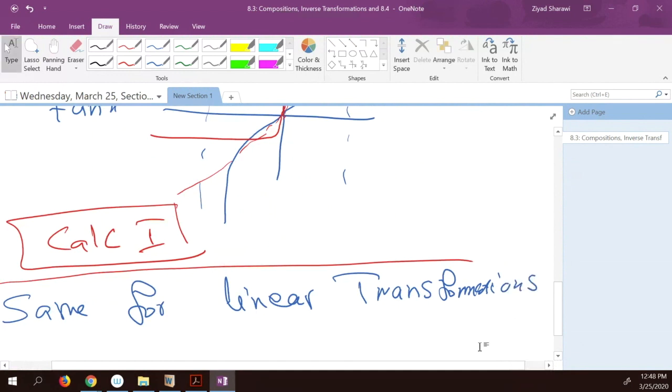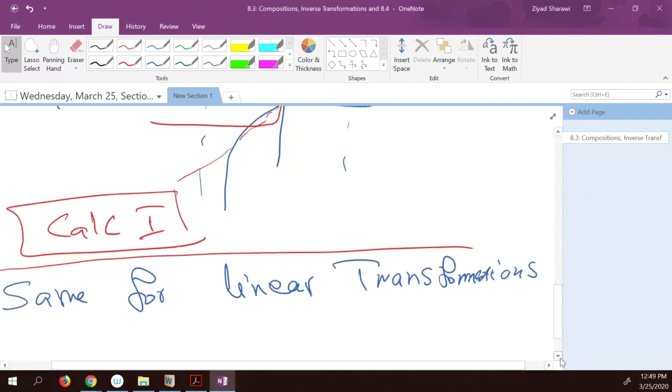Same for linear transformations. So you have two linear transformations, and you want to talk about, for example, the composition of two linear transformations. You want to talk about the inverse of an invertible linear transformation.